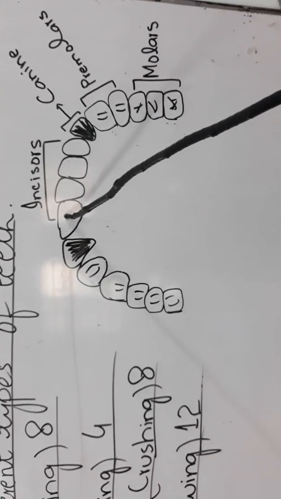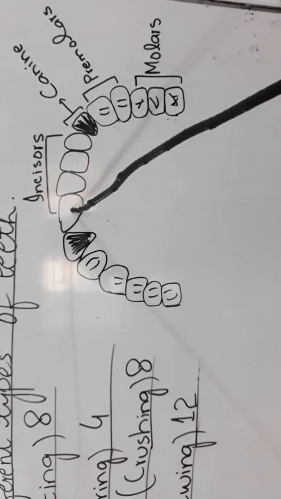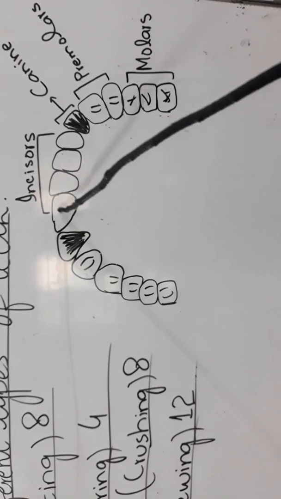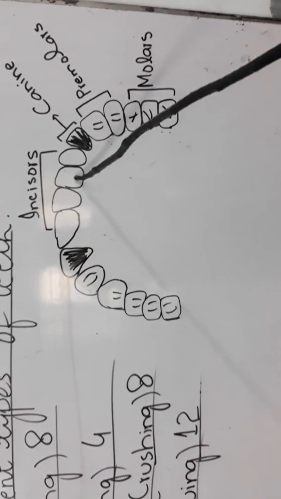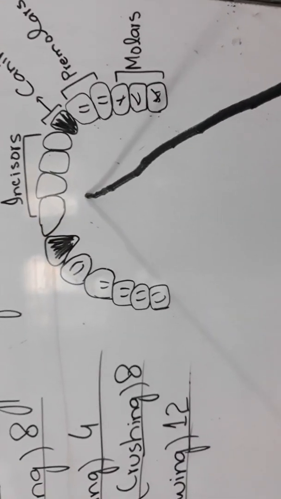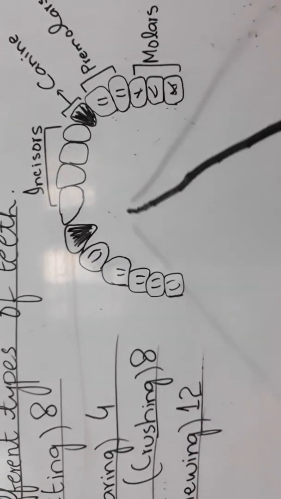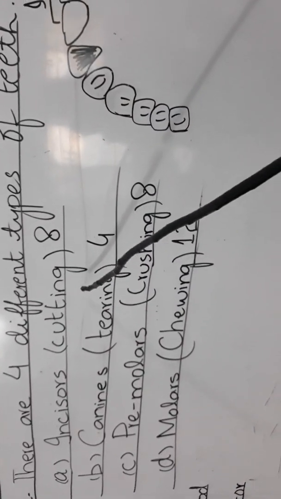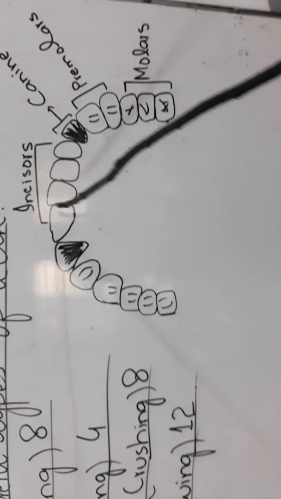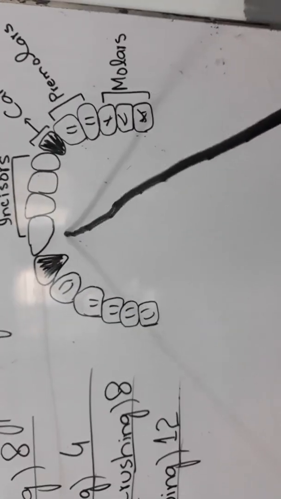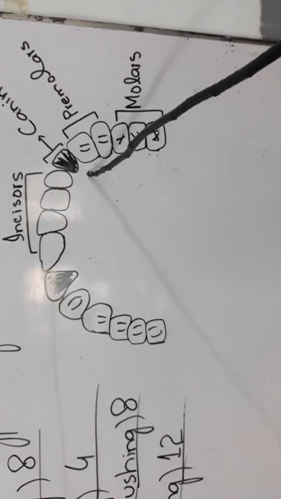The 4 front teeth are called incisors. But how many incisors are there? 8. 4 in the lower jaw and 4 in the upper jaw together make the incisors. Incisors function to cut the food into smaller pieces.